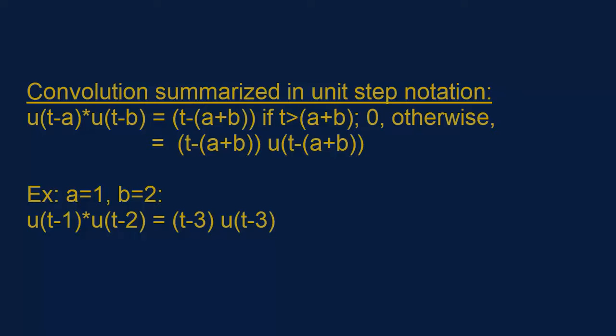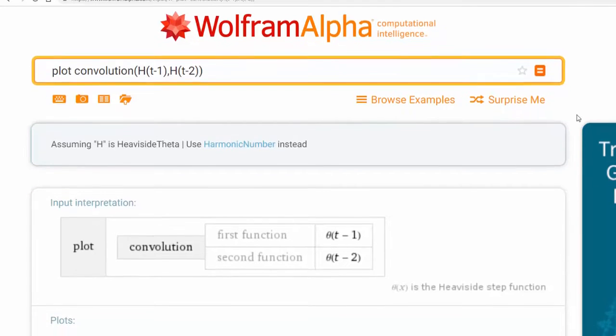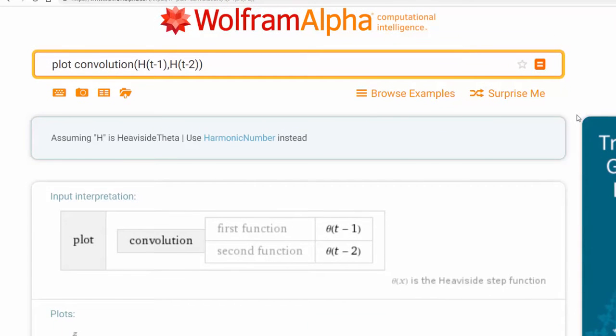So now let's graph this on Wolfram Alpha. First off, Wolfram Alpha does not recognize the unit step function as a u, but it has 2 other letters which it does recognize that as.